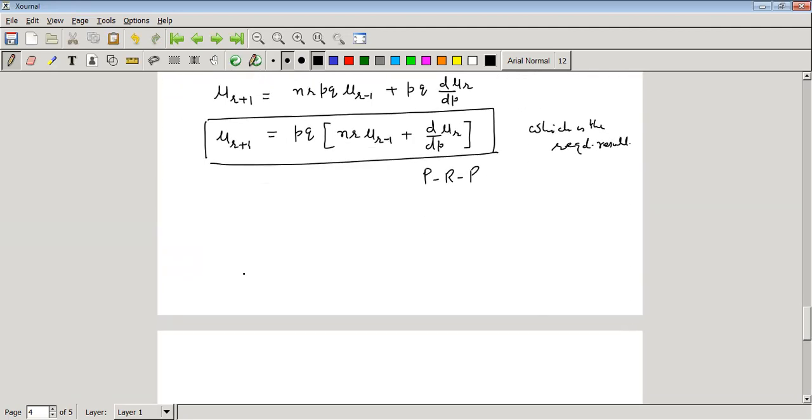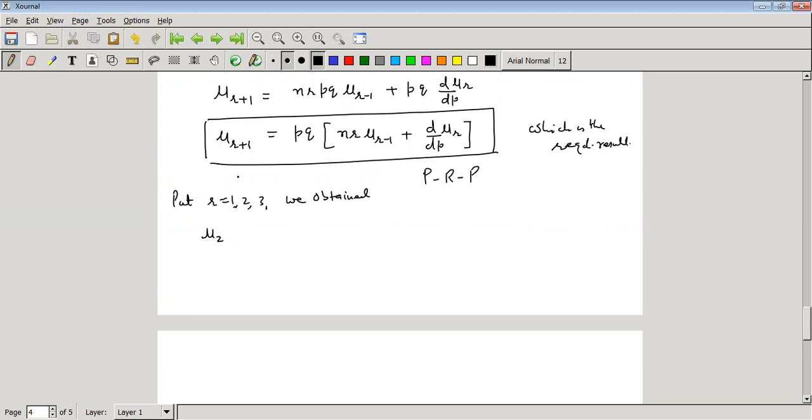Now, if we put r equal to 1, 2, 3, we obtain mu 2, because mu 1 is always equal to 0.